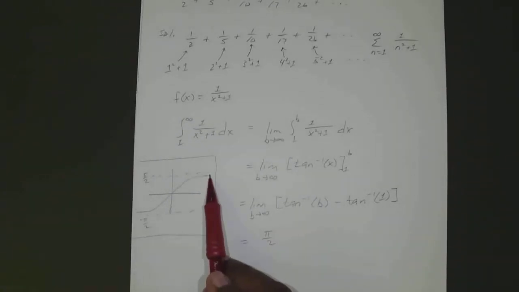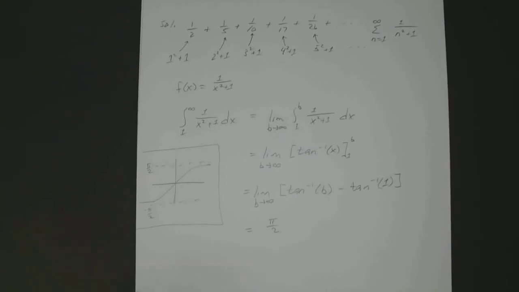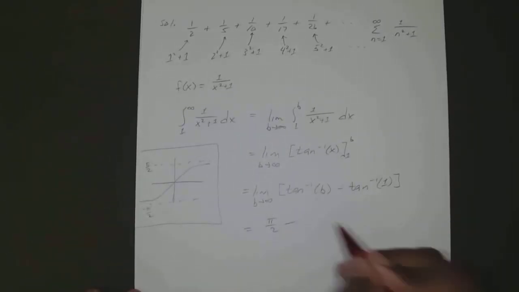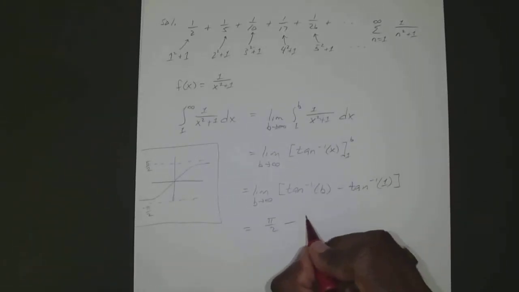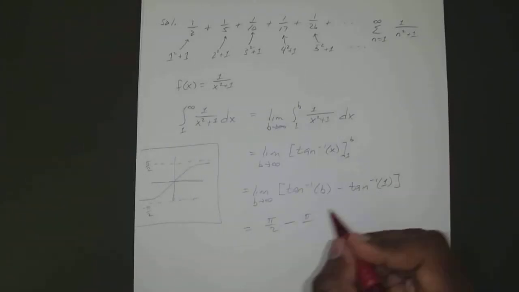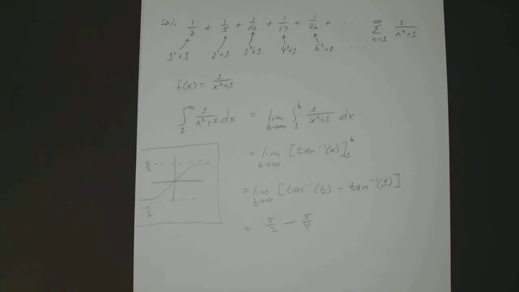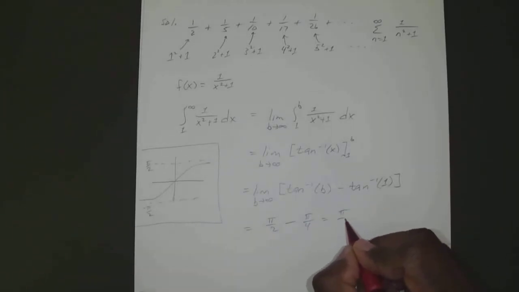As it gets closer and closer to infinity, this just gets closer and closer to pi over 2. And tangent inverse of 1 is pi over 4. Making that 2 over 2, that's 2 pi minus pi, so that's pi over 4.